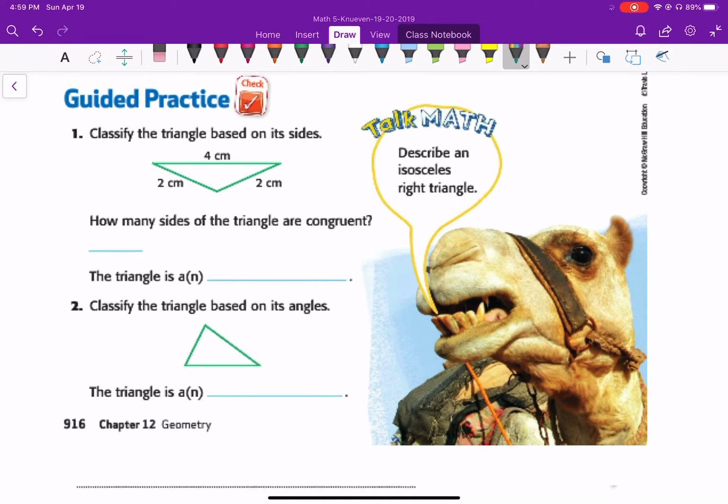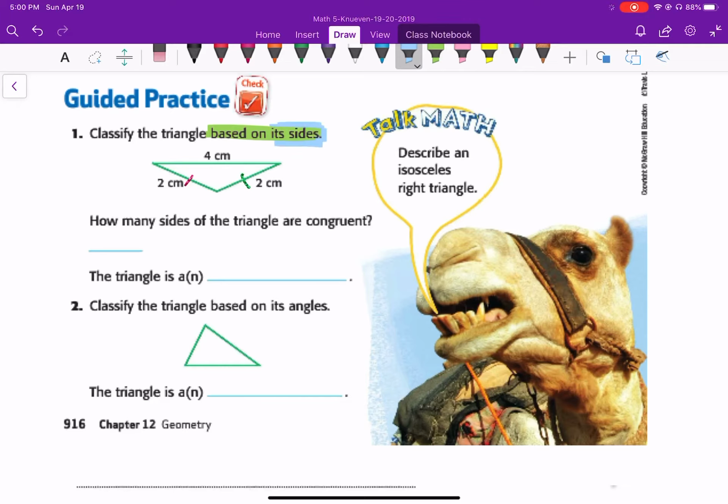All right, so classify the triangle based on its sides. So I have, well, this top length here is 4, this one here is 2, and that one's 2. So I can put one little hash mark on there. And it's very important at this point, guys, in geometry that you make sure you read the directions. I am classifying it based on its sides.